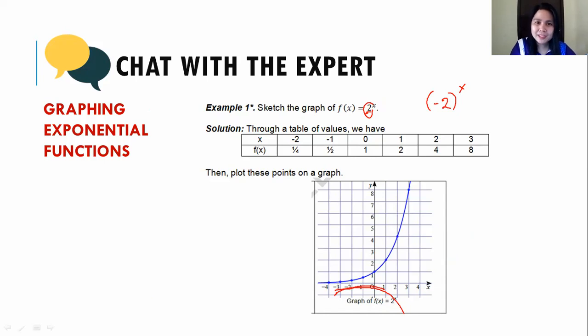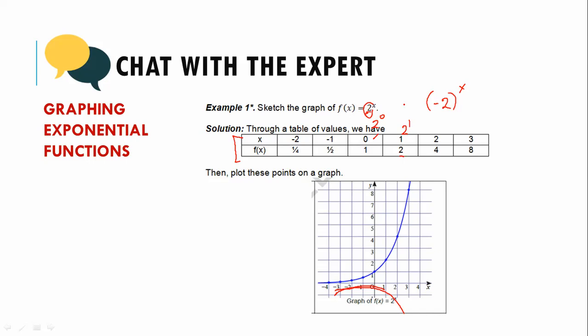Now, what are the best ways to plot a graph? Before you plot a graph, I suggest that you make a table of values. Like if our x is 0, so 2 to the power of 0, that will be 1. If our x is 1, that's 2 to the power of 1, our y is 2.